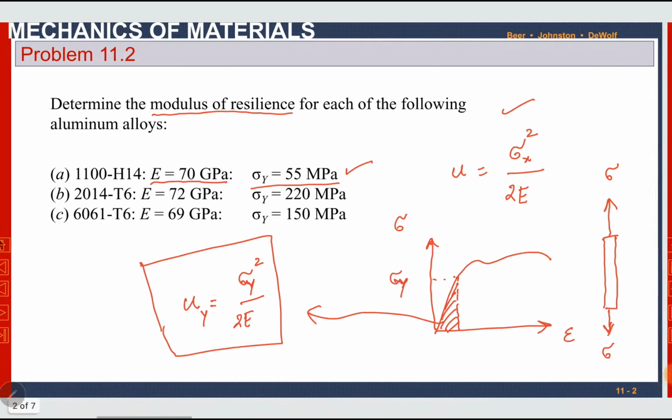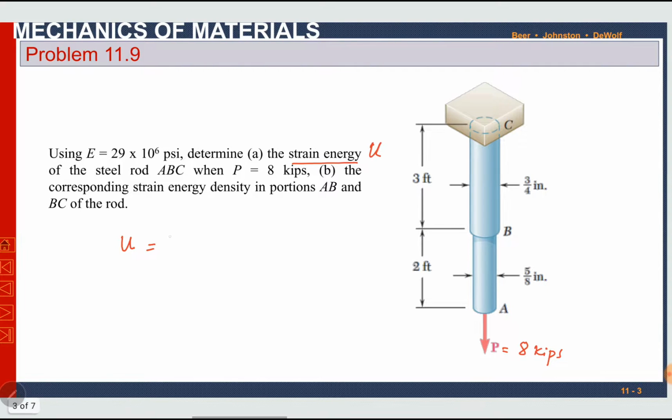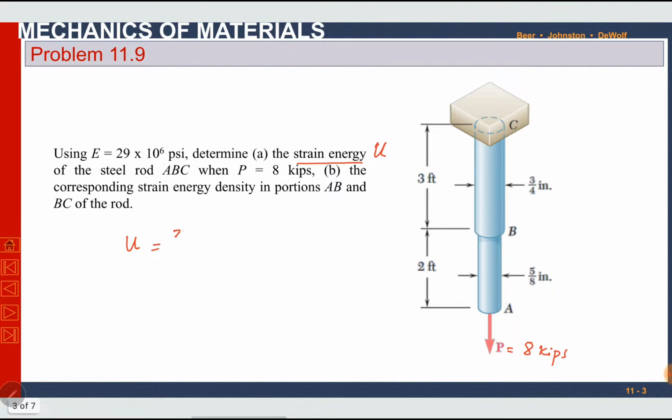Expression for strain energy under normal load, we have studied this topic in our theory lecture, is equal to P square L divided by 2AE. So for section AB and for section BC we will calculate it separately and then we will add it up. It can be added directly, it is a scalar quantity.